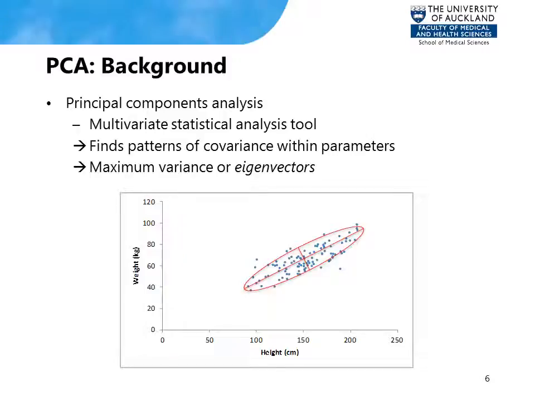Let's say we've got a classroom with several students, and each student's height and weight has been recorded and is shown in the figure. If we look at the distribution of the cloud of points, we can see that there is a direction of maximum variance, which is represented by the major axis of the ellipse in red. This direction is related to size, and it's telling us that people who are taller tend to be heavier.